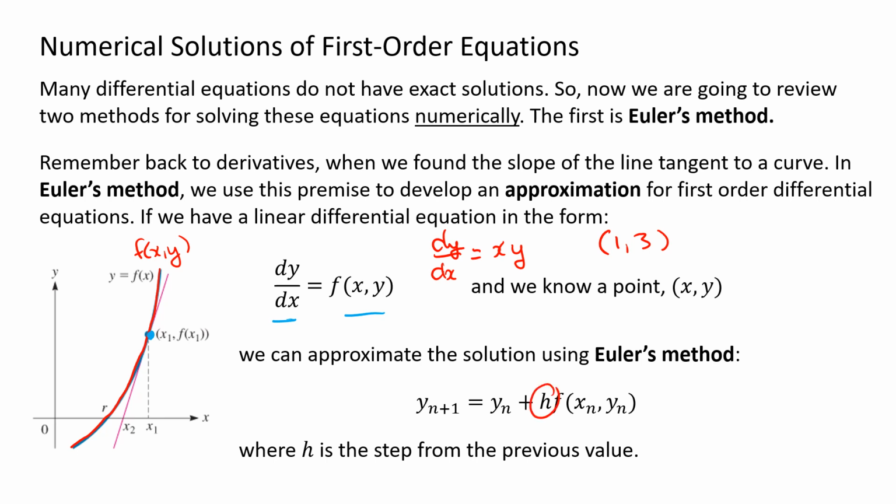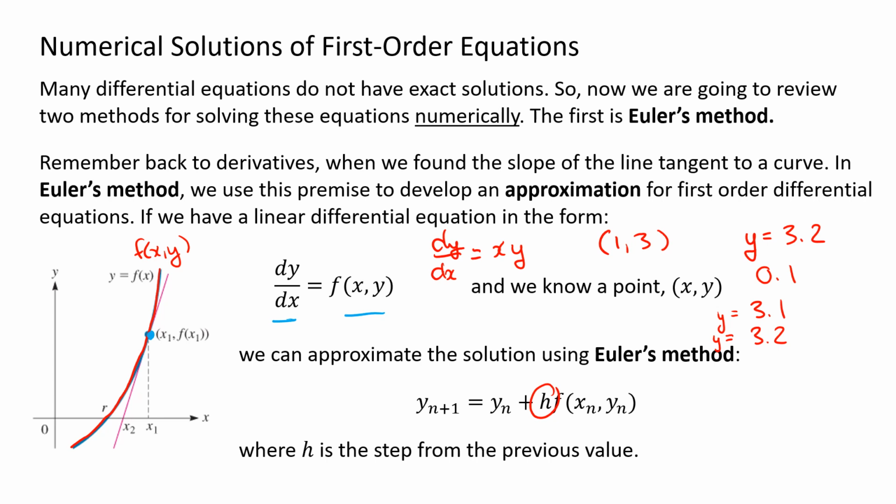In other words, a small increment of x, to go further and further. So if we know the value when x is 1 and y is 3, what about when y is 3.2? We can go in increments of 0.1, first finding the value at 3.1 and doing it again to find the value at 3.2.